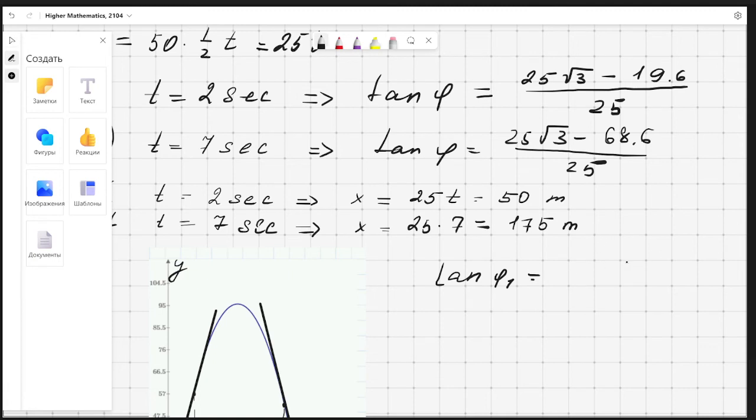Tangent phi first equals 25 square root of 3 minus 19.6 over 25, or approximately 0.948.